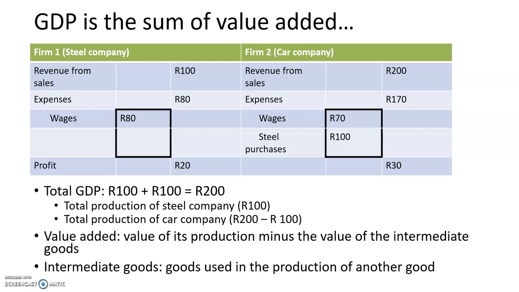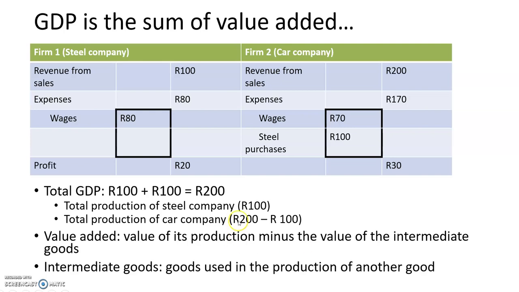Its value added is simply equal to the value of the steel it produces, which is 100 Rand. The car company, however, uses steel as an intermediate good. Thus, the value added by the car company is equal to the value of the cars it produces minus the value of the steel it uses in production. So it's 200 Rand minus 100 Rand, which is equal to 100 Rand.